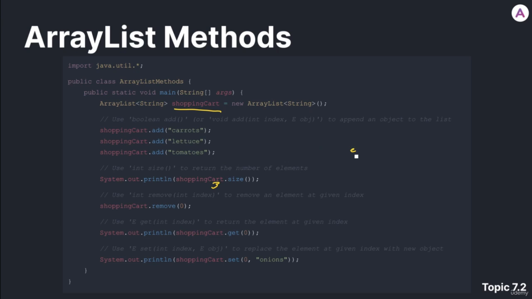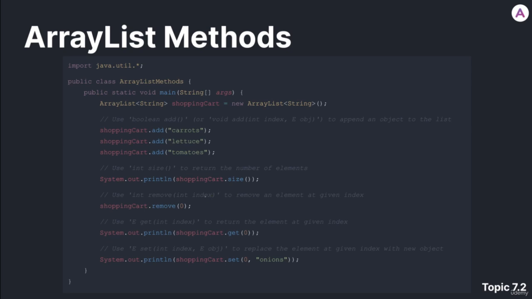Now let's move on to the remove method. The remove method also uses an integer as a parameter, and you feed it any valid index in your array list, and it removes the element at that given index. For example, I have shoppingCart.remove(0), which means that it removes the 0th index, meaning the actual first item inside my shopping cart.